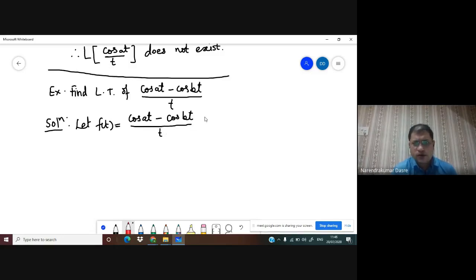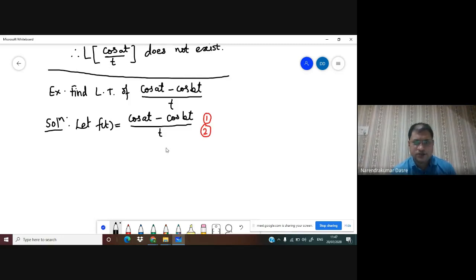And here, as usual, the first step and the second step. Looking at this example and the previous example, you can claim that the Laplace transform of this does not exist. That is very obvious.